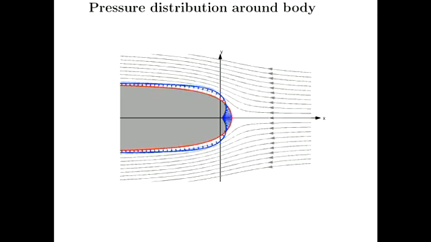Where the blue arrows are pushing into the body, the pressure is higher than ambient pressure, or higher than P infinity. Where the arrows are pointing outwards from the body, the pressure is lower than P infinity, so the flow is going to be exerting a kind of suction on those surfaces due to that low pressure, okay?